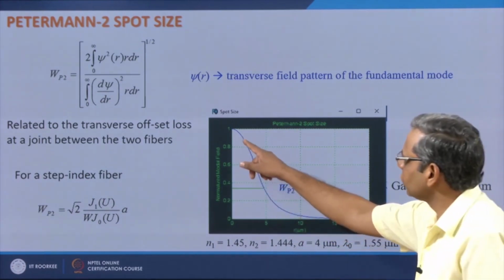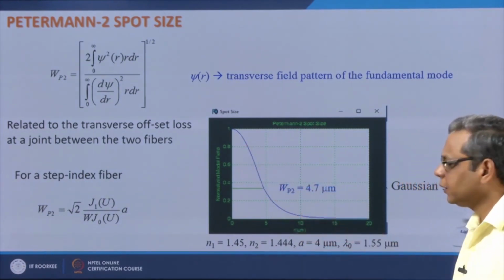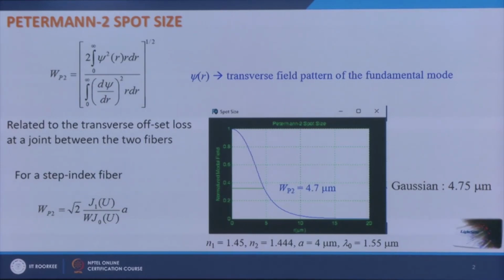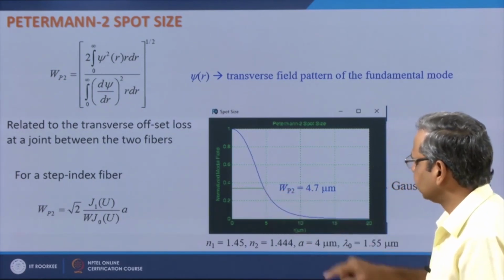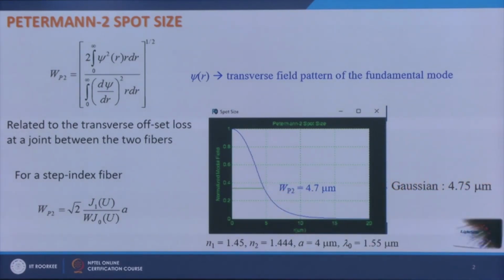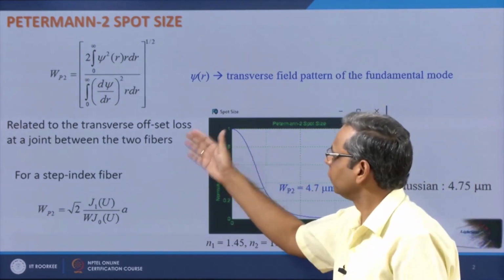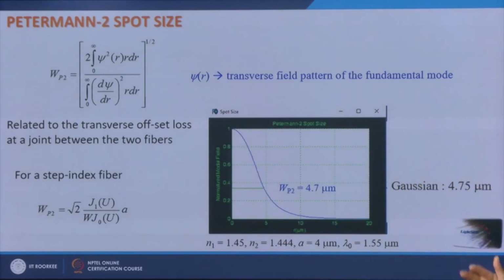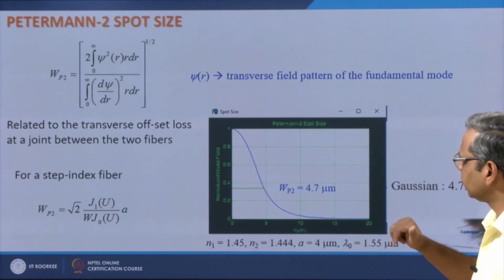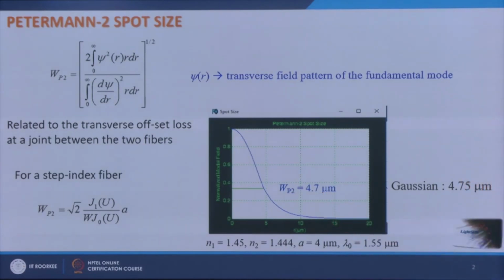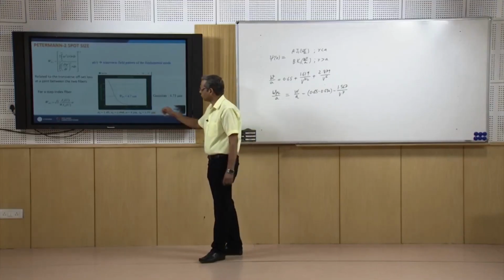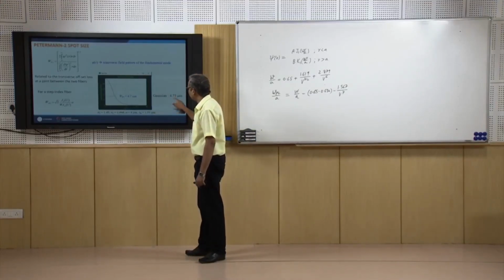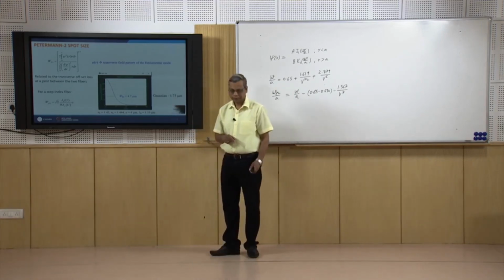So, this blue line shows the exact modal field of the fundamental mode of the fiber, and this green line marks the Petermann 2 spot size of the mode calculated by this modal field psi(r). This is Wp2 for these fiber parameters and the wavelength, 4.7 micrometer, and if I calculate the Gaussian spot size for these parameters, it comes out to be 4.75 micrometer.